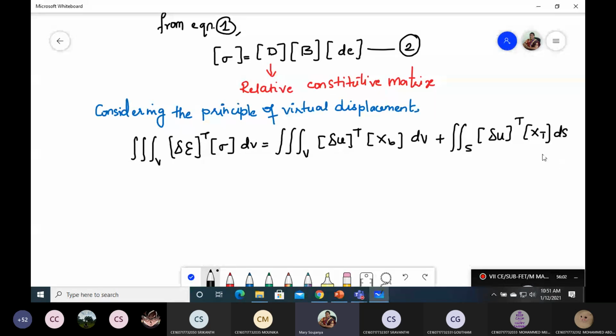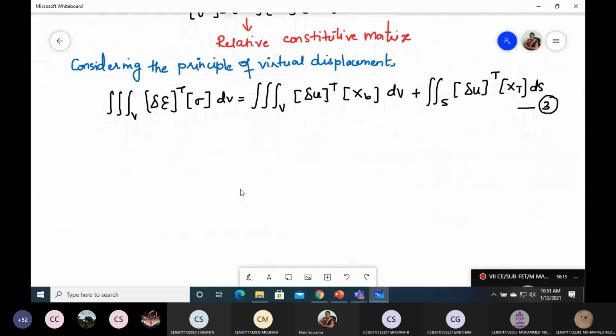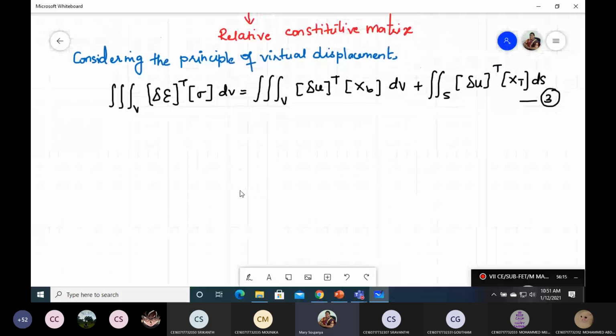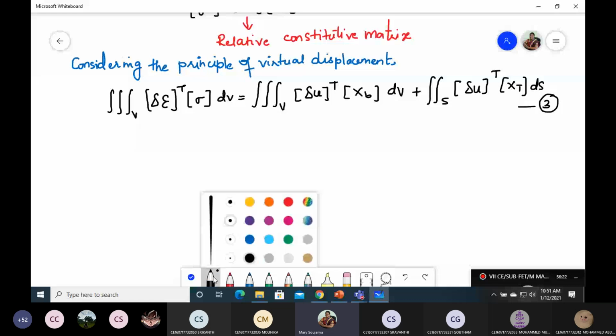Where did we see this equation? Did we see this equation anywhere? It is on the screen. You can write it down. First, I'm asking you a question.